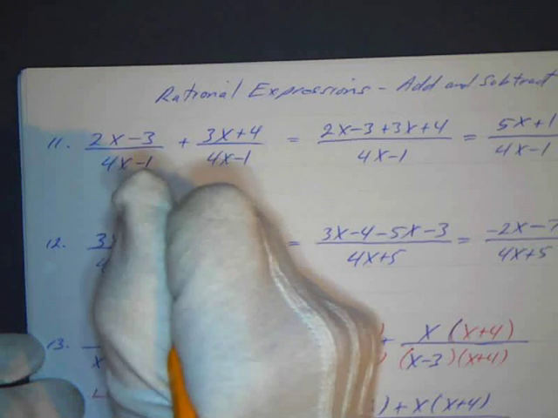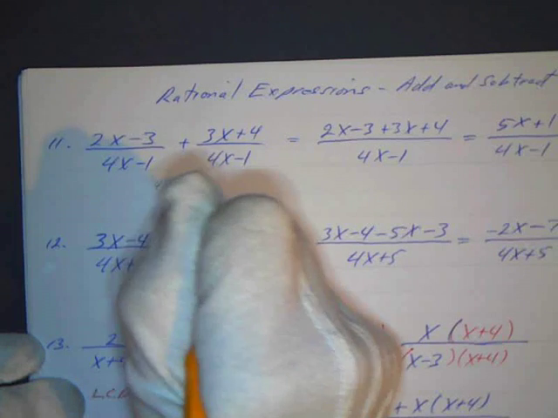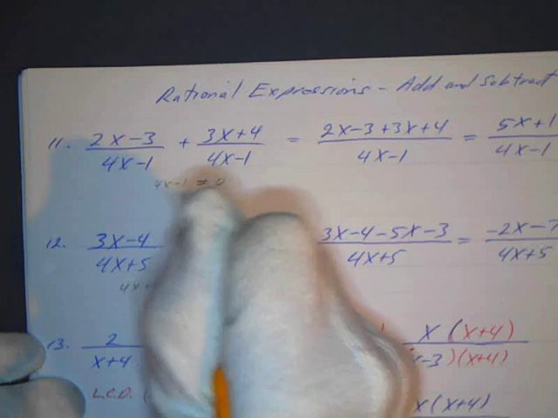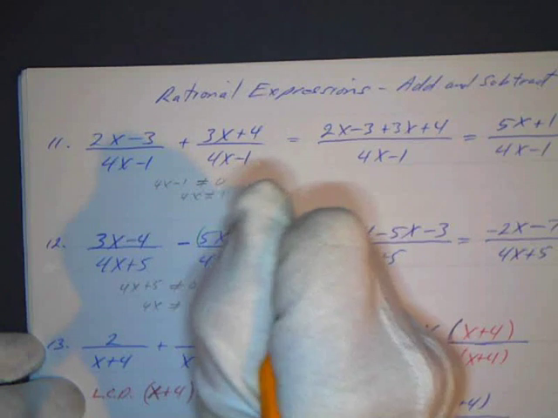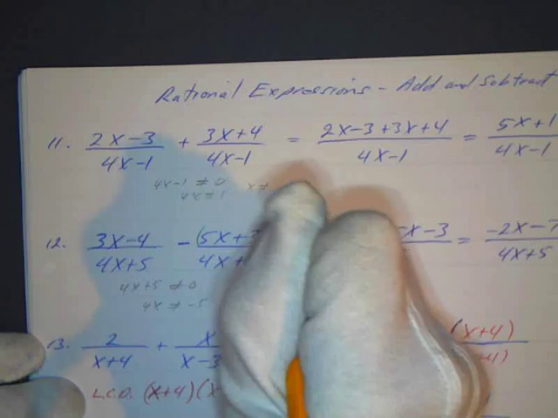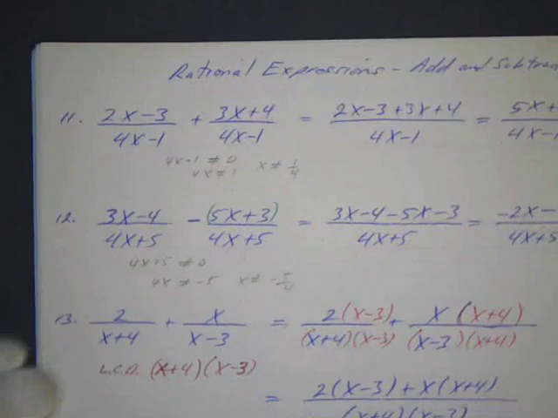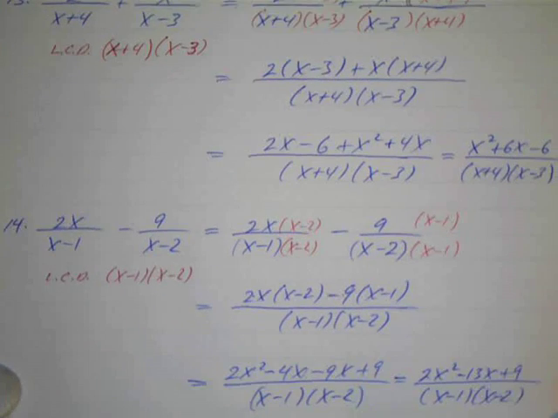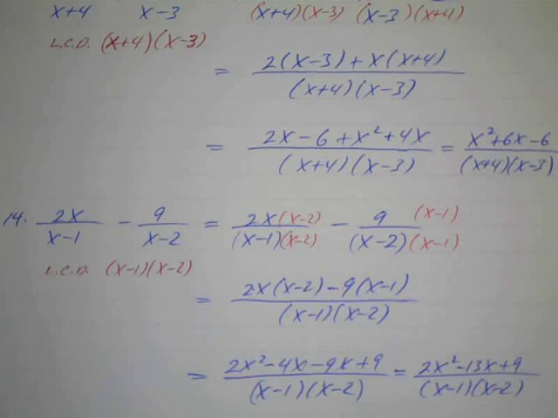And this one, 4x minus 1 cannot equal 0. So 4x cannot equal 1. So x cannot equal 1/4. So those are the restrictions on the domain, and that's an easy way to find those. Okay? So there you go. I hope those make sense. And we'll do a few more.